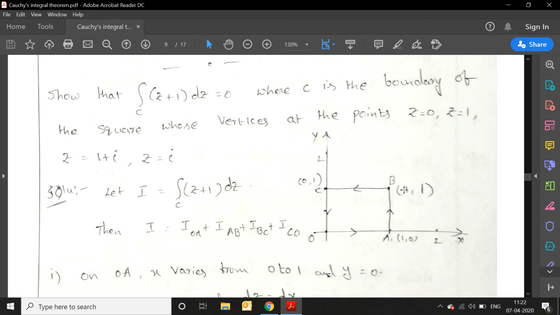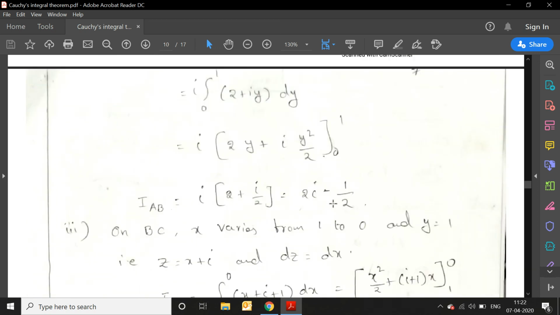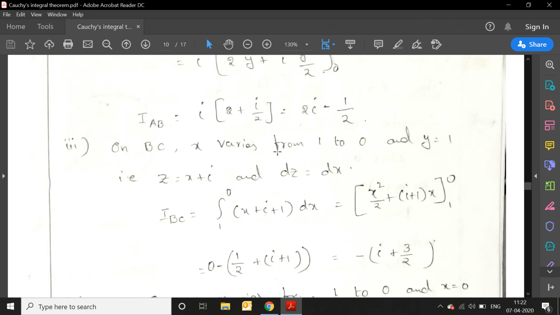Since we are taking the region of the curve BC, we start the limits from 1 to 0. So on BC, x varies from 1 to 0 and y is equal to 1. So z becomes x + iy and dz is equal to dx.